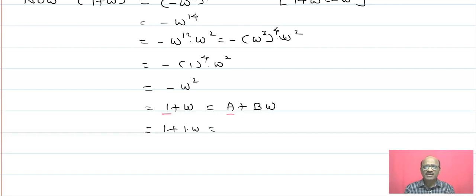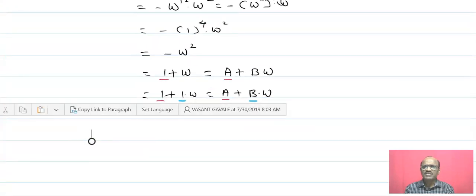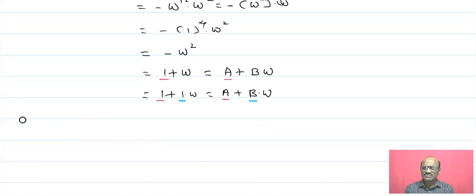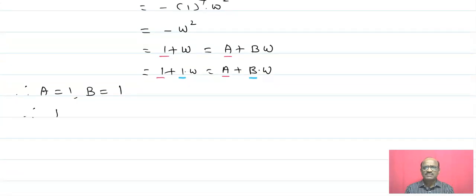It is 1 plus omega. And it is written in this manner, a plus b omega. Therefore the value of a is 1 and the value of b is also 1 here. Therefore a is 1 and b is 1. Answer is, option B is correct there.